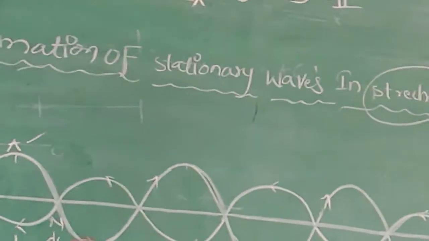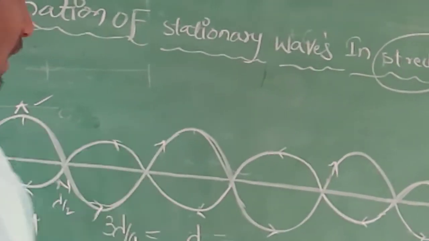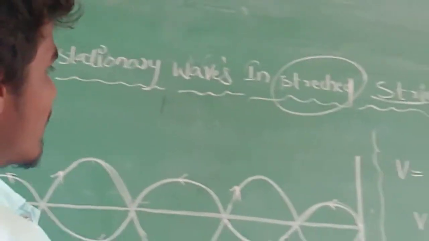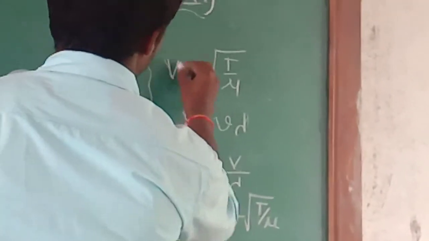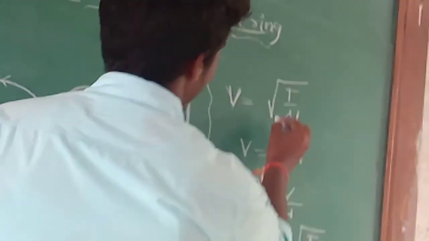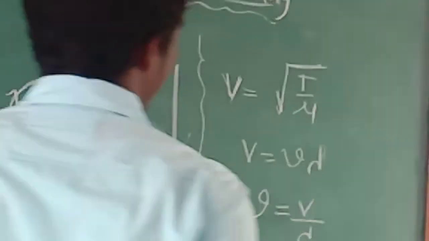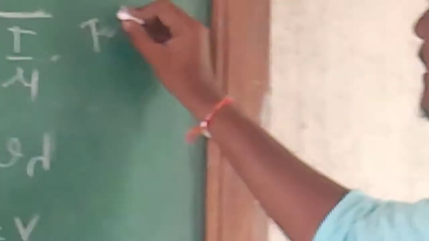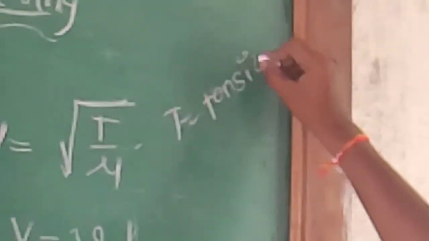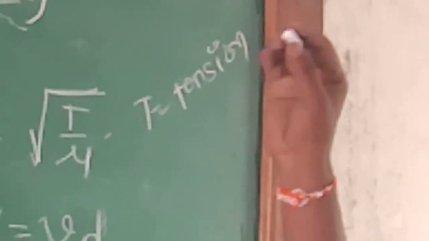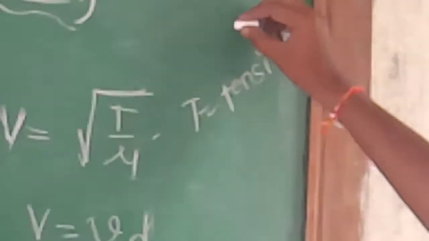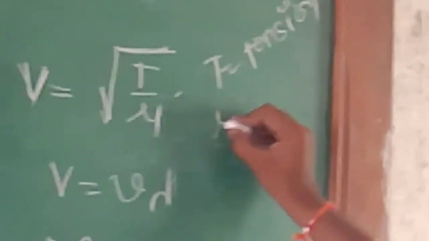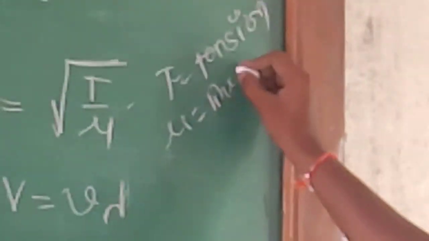Now we have to find the velocity of the wave. V is equal to the square root of T by mu, where T is the tension in the string, the force in the wire, and mu is the linear density.